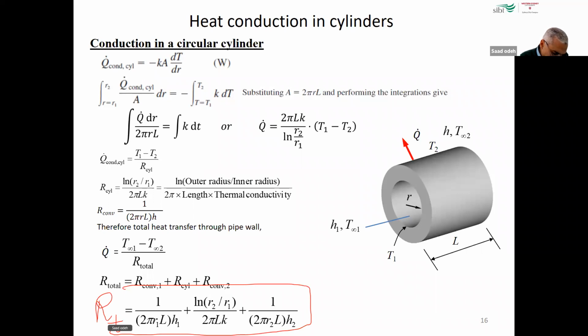And as we said, our total here is the thermal resistance by convection of the inner fluid. Probably the fluid inside the tube or inside the cylinder is different from the fluid outside the cylinder. Let's say we have water flowing inside the pipe, and we have air at the outer side of the pipe.